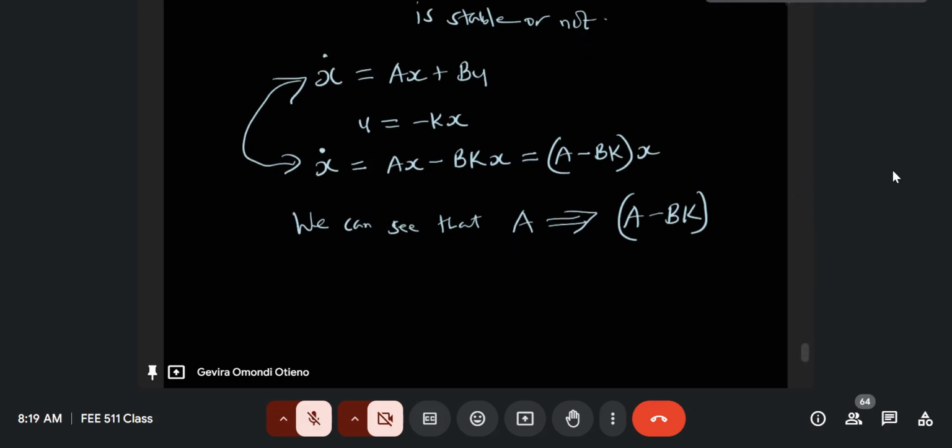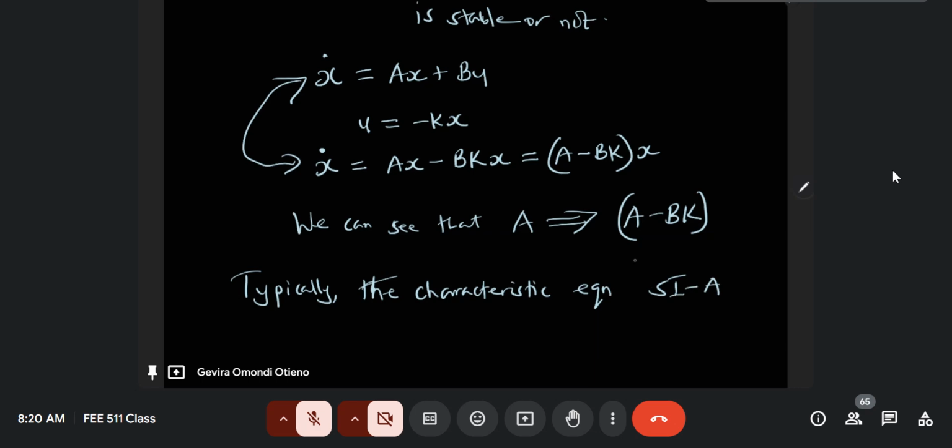Now, typically, this is just the normal case, again, without the design or without the dotted part. The characteristic equation, and for those who have been revising, you must have seen this in the notes, is usually given by the determinant of SI minus A, equated to 0.